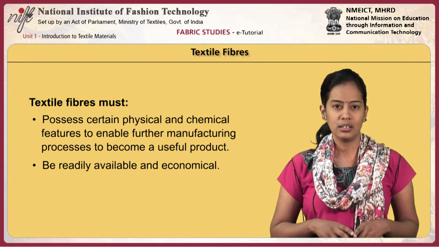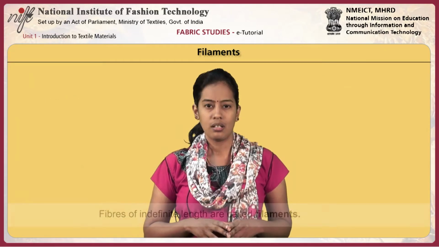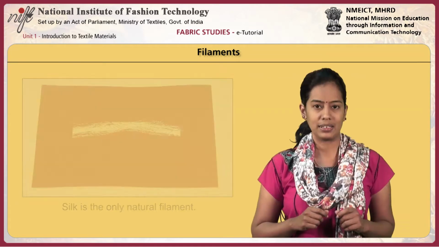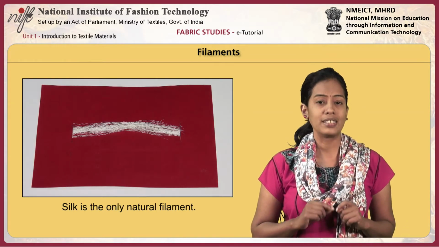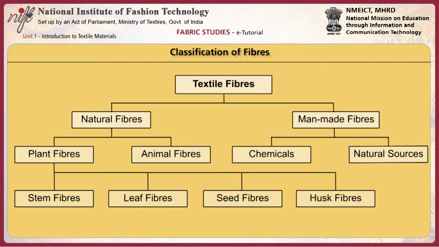They must be readily available and economical. Fibers of indefinite length are called filaments. Silk is the only natural filament. Textile fibers may be broadly classified into natural and man-made fibers.